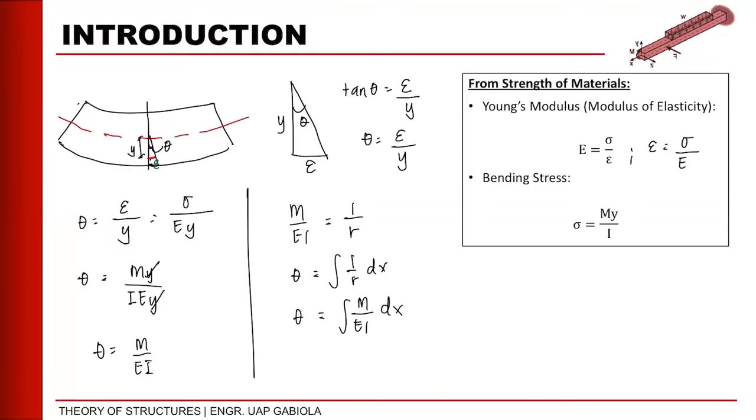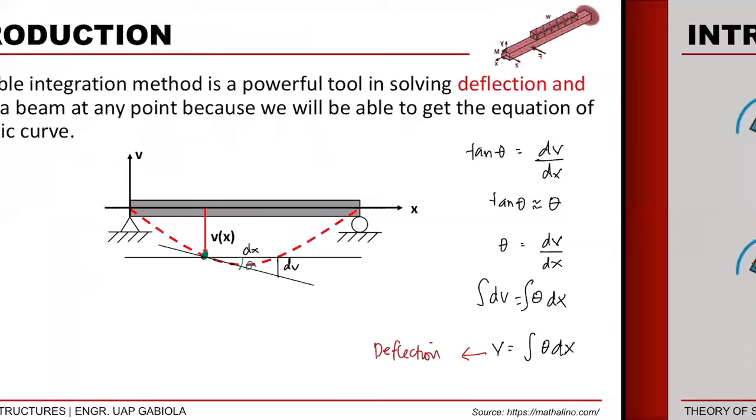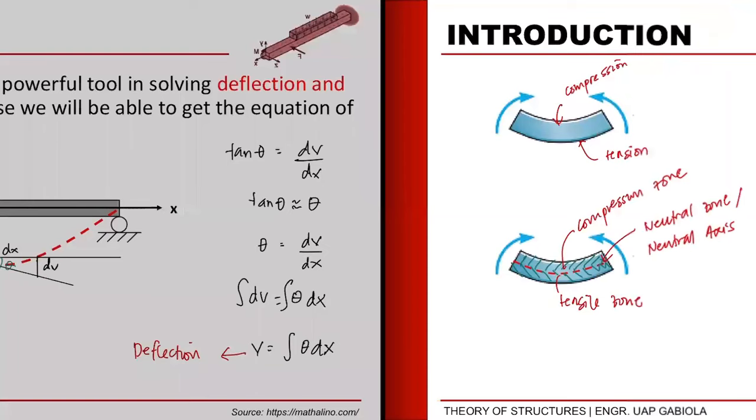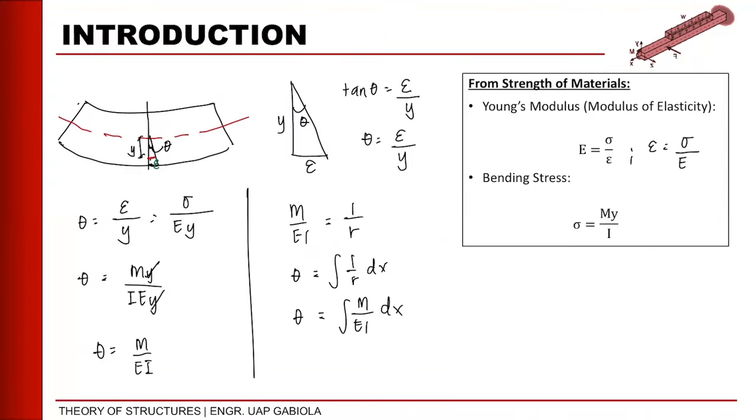And then based from our derivation in the first slide, v is the integral of theta dx. So we can substitute our theta as the integral of M over EI dx squared, because there are two dx.